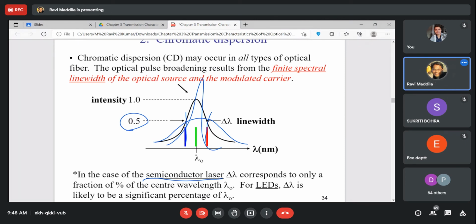Okay, I believe you are able to understand the difference. If you look at the wavelength spread of a laser and of an LED, then the wavelength spread of a laser is much smaller than that of an LED, and hence we have this change in dispersion because of the difference in line width.